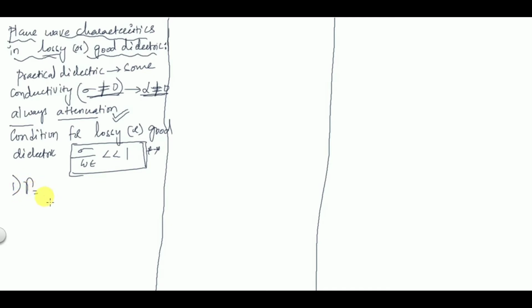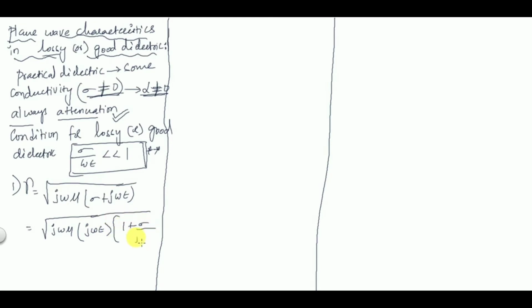So gamma, the actual formula, is root of j omega mu into sigma plus j omega epsilon. This can be written as root of j omega mu into j omega epsilon common, so I am taking j omega epsilon out, and it will be 1 plus sigma by j omega epsilon.